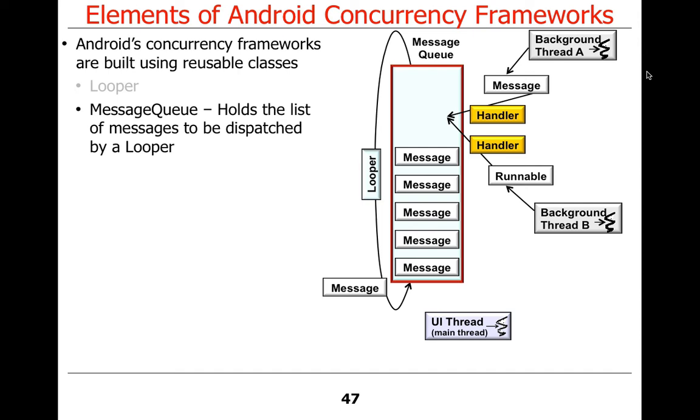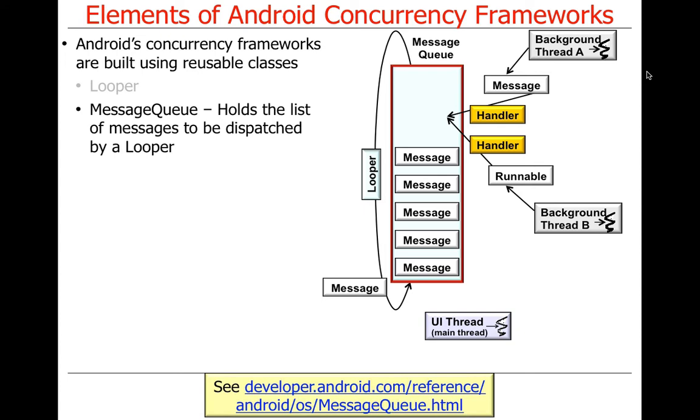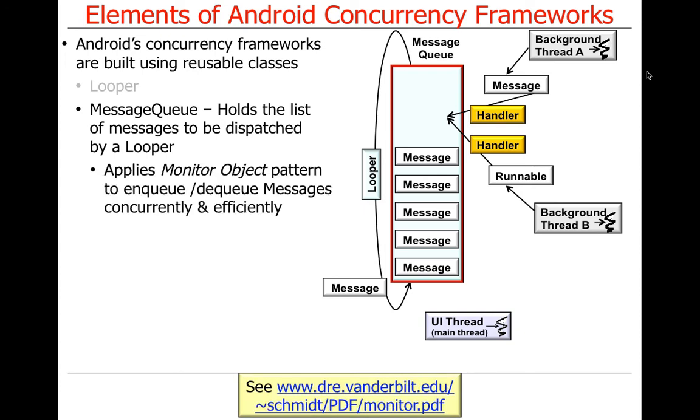The message queue holds the list of messages that will be dispatched by a looper in the context of some other things we're about to talk about. And the message queue uses the monitor object pattern. So we've seen monitor objects already. And you know that monitor objects are basically ways of being able to ensure only one thread at a time can call into an object on a class.